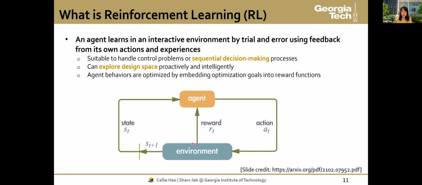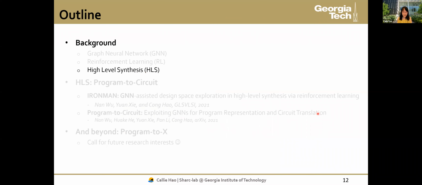Whatever your optimization target is, for example, when designing a circuit, you want to optimize area, wire length, or power, you can embed those goals into the reward function. So it's very flexible.